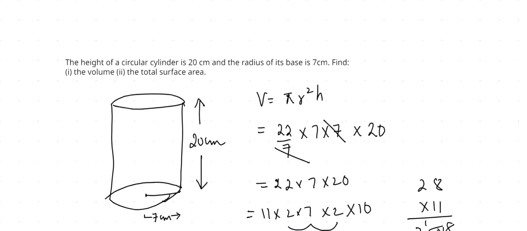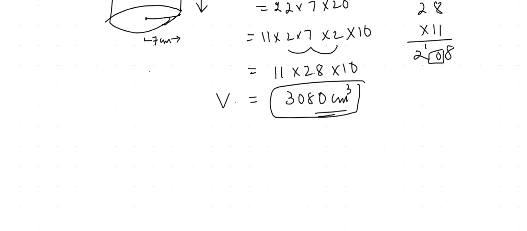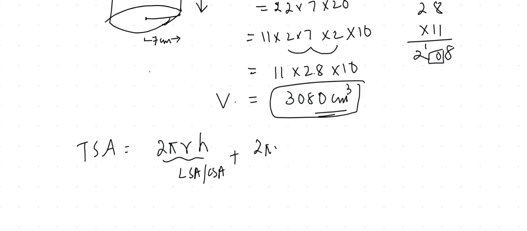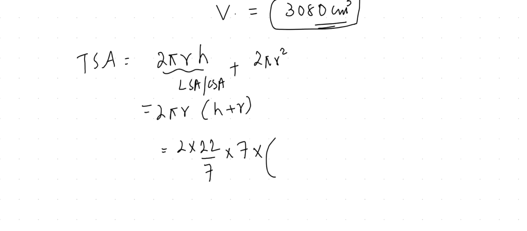Total surface area, TSA, it is 2 pi r h, that is the LSA or the CSA, plus 2 pi r square. And then when I club the common things, I get 2 pi r into h plus r. So what will it be? 2 pi r is 2 into 22 by 7 into 7, 7 is r, into h plus r. H is 20 plus r is 7.